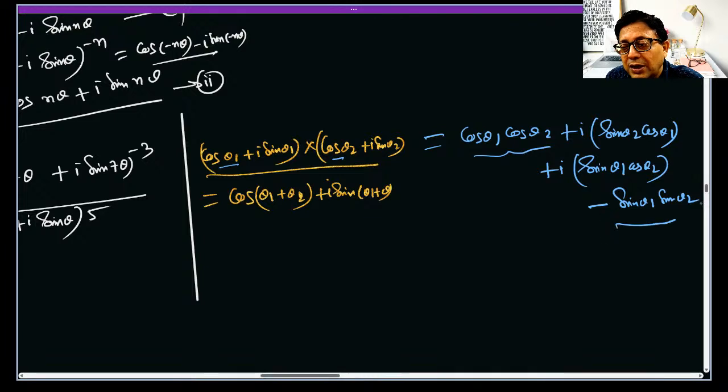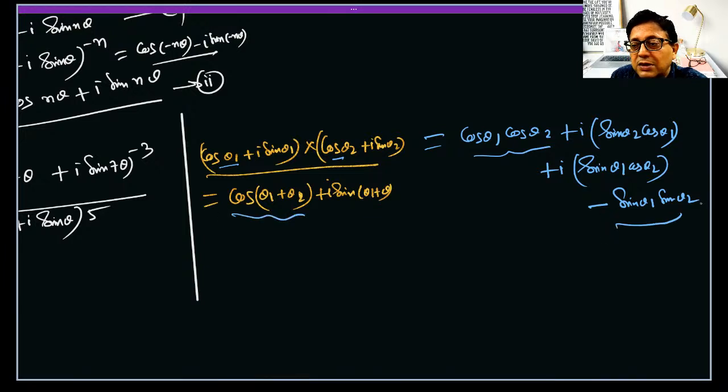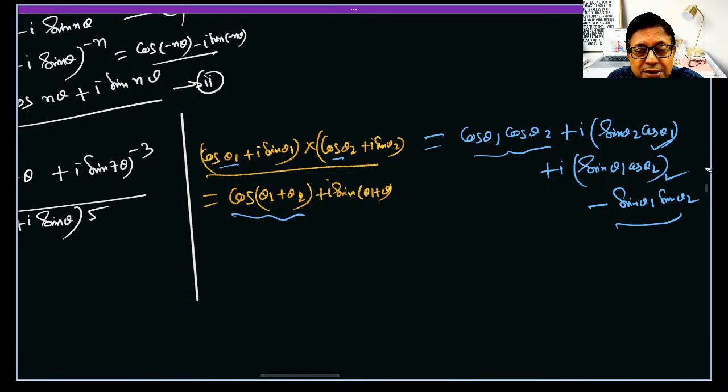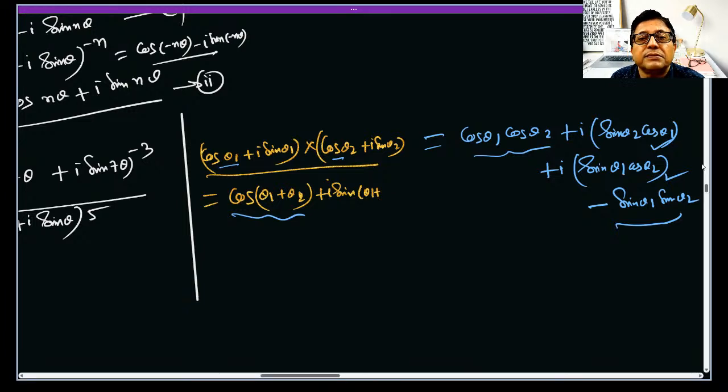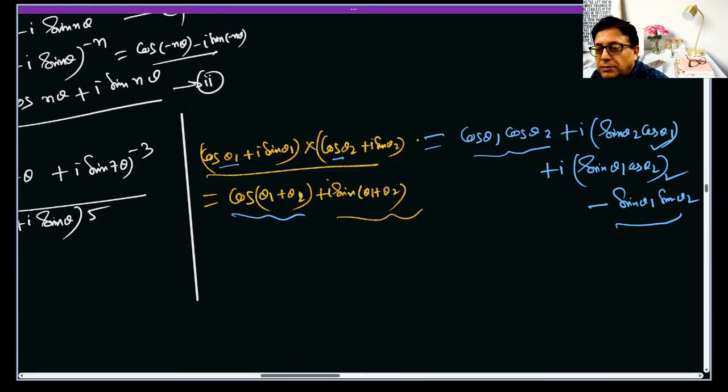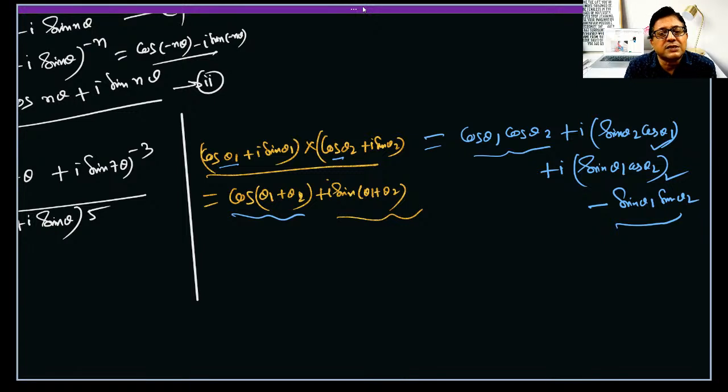Now take these two together, it will be cosine of this. Take these two together, it will be sine of this thing. Okay? So if you multiply these two numbers, the result is this.